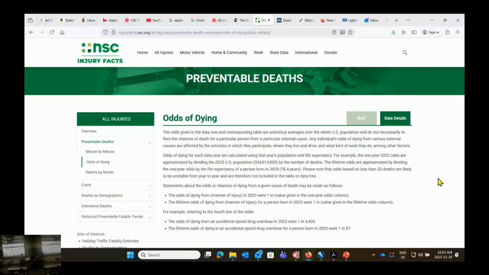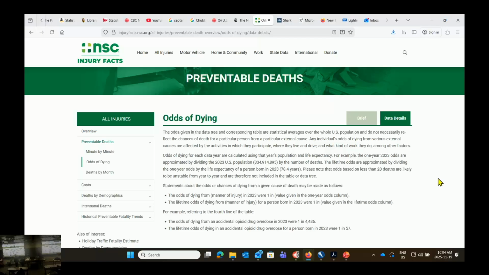And of course, we can ask whether that is going to be kind of constant over a 78-year period. Well, the odds of dying from an accidental opioid drug overdose in 2023 were 1 in 4,436. So they took the number of people who died of opioid overdoses in 2023 and divided that by the population size.